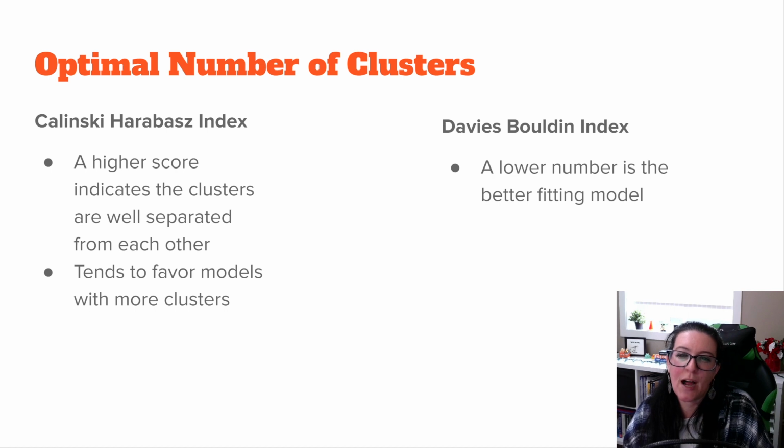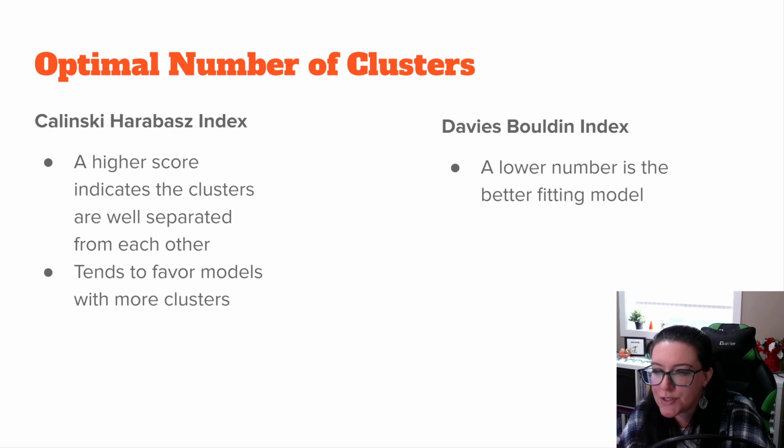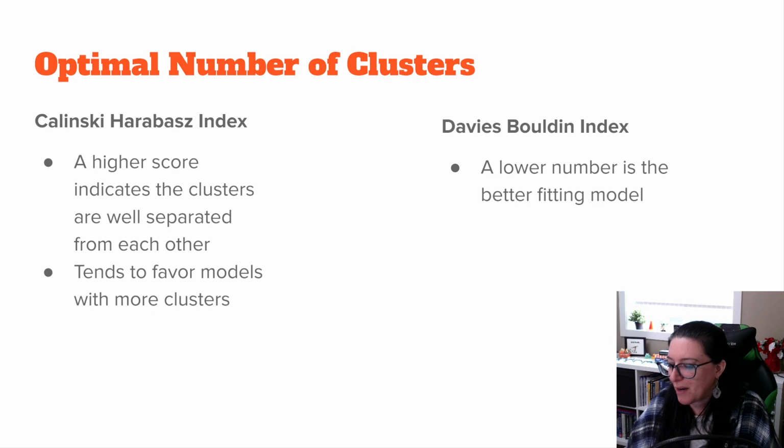So we're looking for a higher score. However, the downside to this method is that it tends to favor models with more clusters. And so it really does err on the side of telling you more clusters than some of the other methods would indicate. And then our last one we're going to look at is the Davies-Bouldin Index, where, unlike the others, a lower number is the better fitting model.